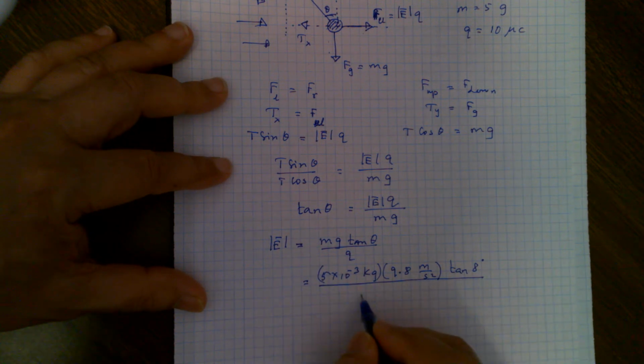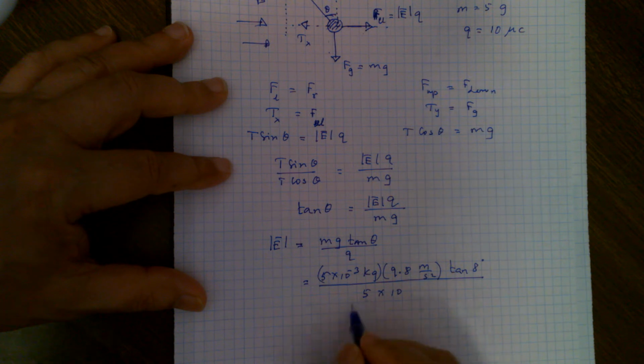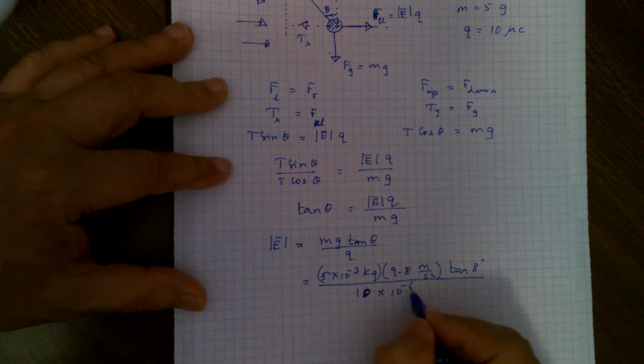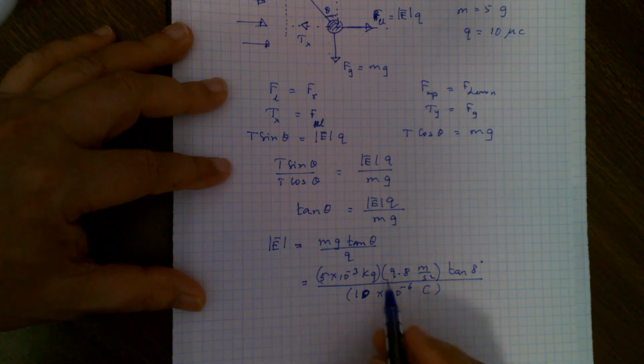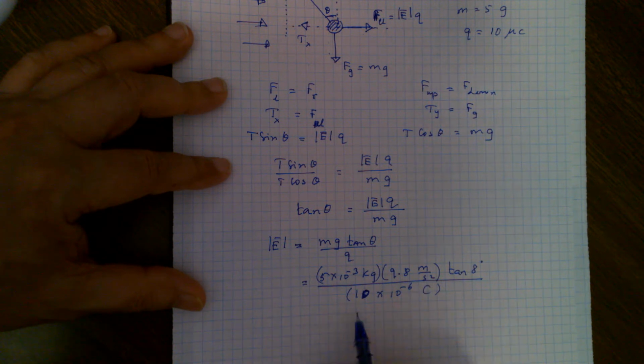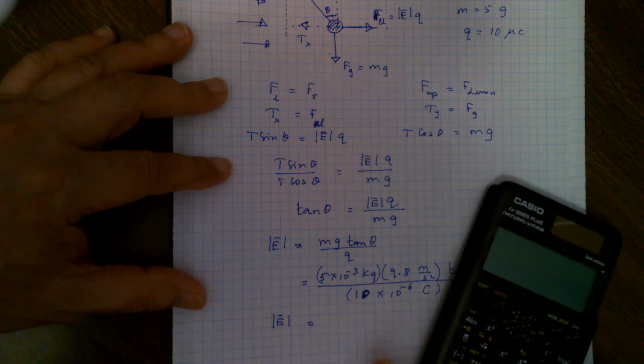Divided by Q, which is 10 times 10 to the power minus 6 coulombs. So kilogram meter per second squared, that's newtons, and the unit will come out as newtons per coulomb, which is correct for electric field. All right, so let's do that calculation.